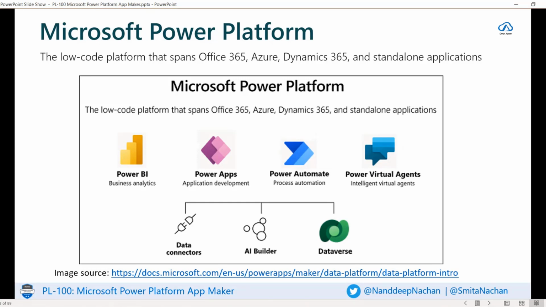Microsoft Power Platform helps you to build low code or no code solutions for your organization, so that we can take benefits of various capabilities, including Power BI, through which we'll be able to create reports or better represent our information. Then we have Power Apps for application development. If you want to create apps for your organization, we'll see what kind of apps we can create here.